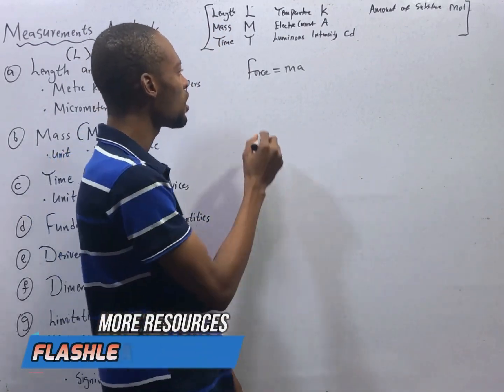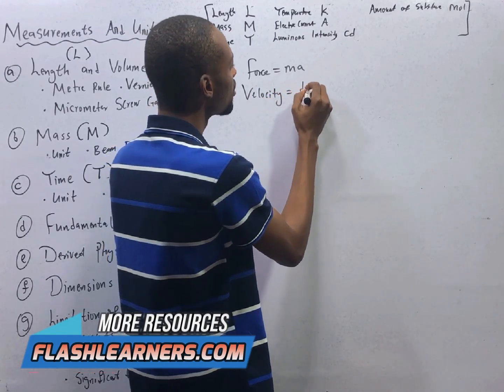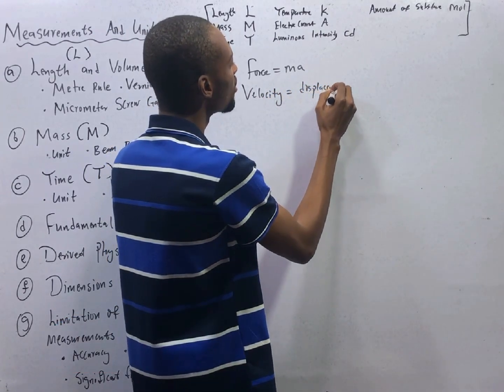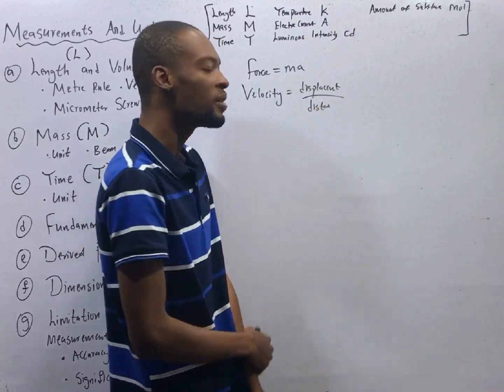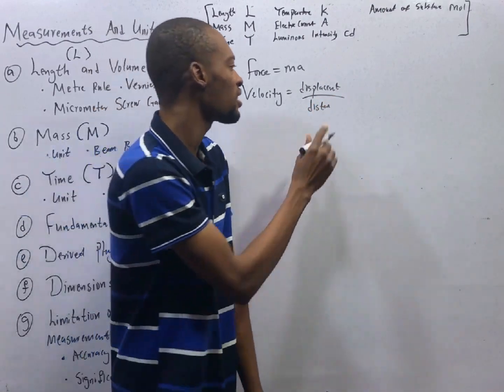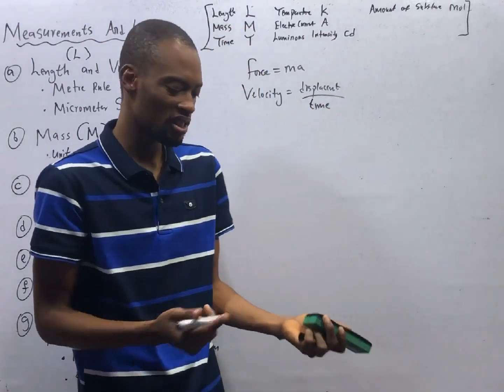If I say, what is velocity? You tell me displacement over time. When you differentiate displacement, you get velocity. Now, what is displacement?